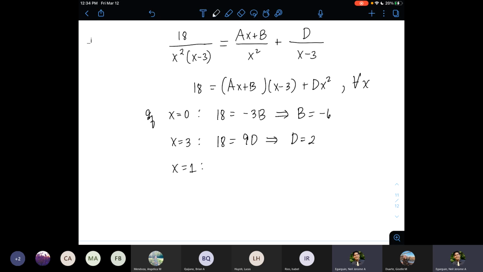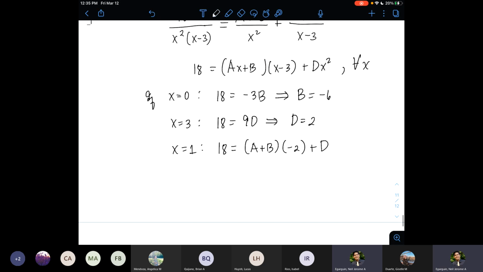So here, if I let x equals 1, I get 18 equals a plus b times negative 2 plus d. So I just replace all x's by 1. And then I'll plug in the values for b and d because I already knew them. So I'll have 18 equals a minus 6 times negative 2 plus 2.